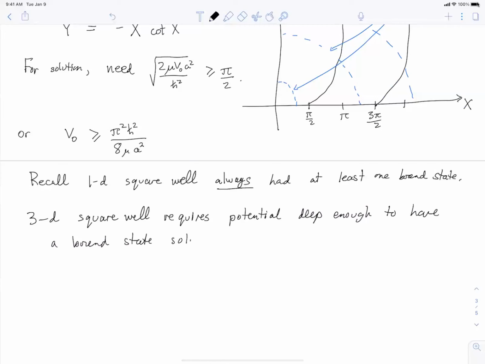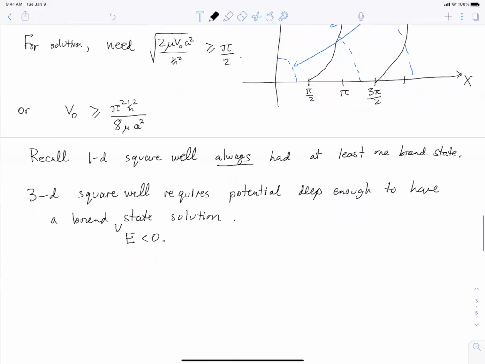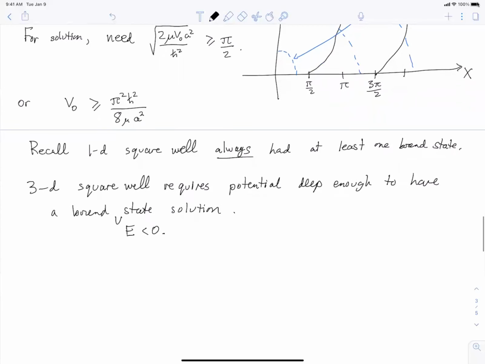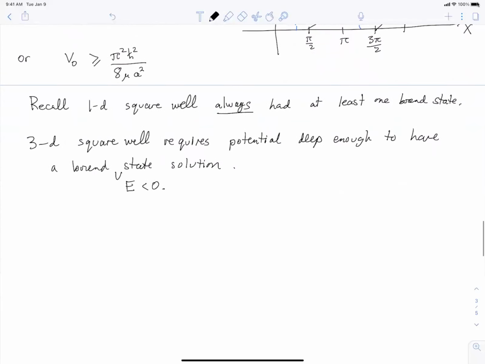And a bound state solution here means, again, that E is less than 0. So that's a general fact. We just did a square well here because a square well is relatively easy to solve, but any potential that you draw in 3 dimensions may not have a bound state solution if it's not deep enough. It has to be deep enough in order to have a solution.